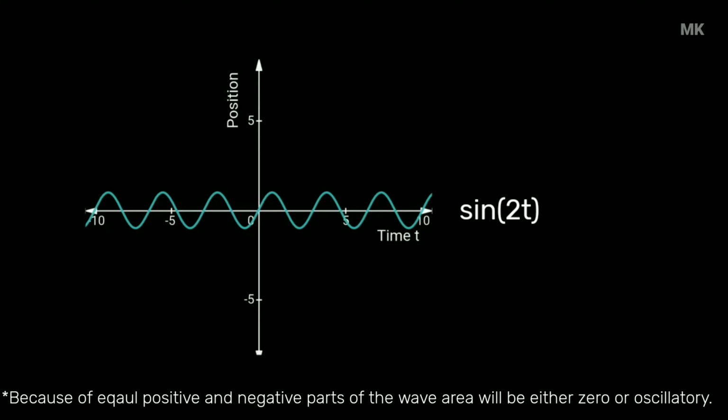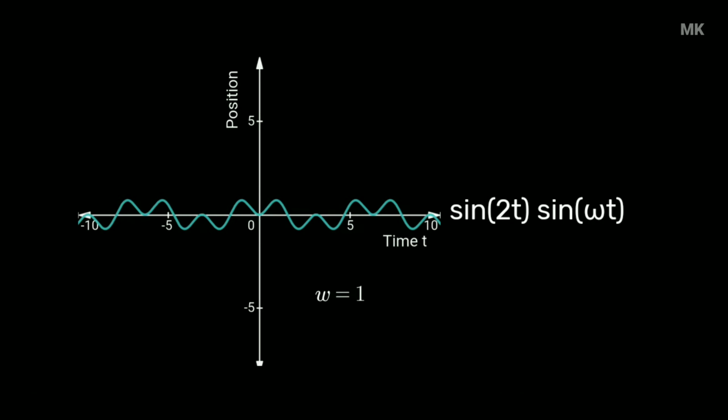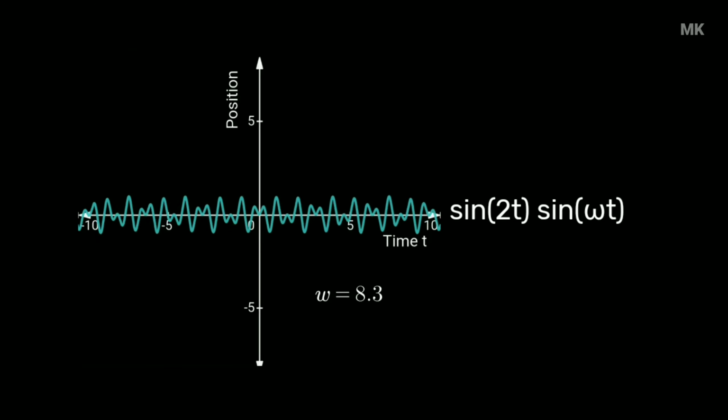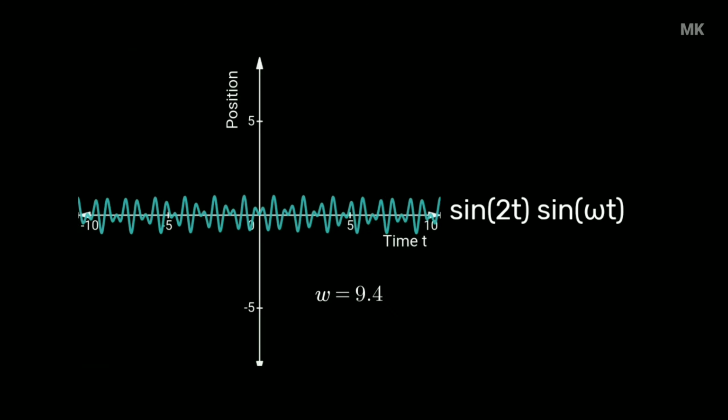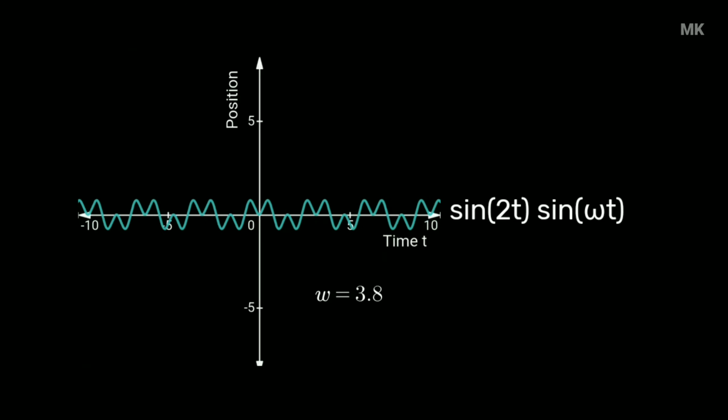Okay, then let me multiply a general sinusoidal function sine of omega t, and let's vary the value of omega. Observe that as I change the value of omega, the resultant will also change, but keep an eye on the pattern.